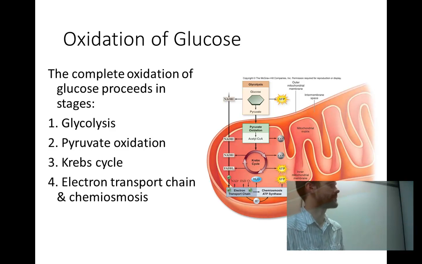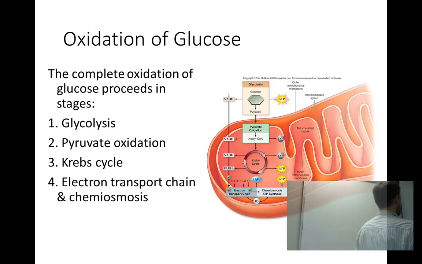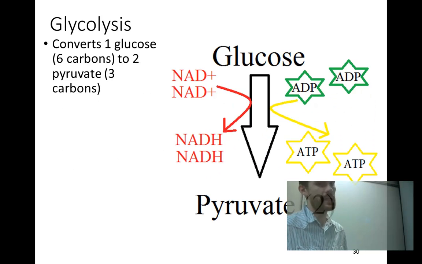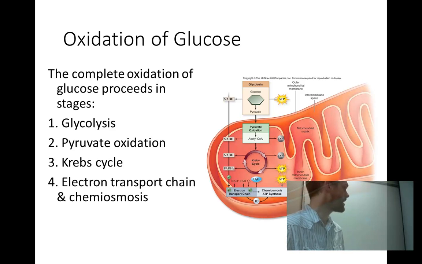And that's going to reduce NAD plus and FAD molecules. And then we're going to use those electrons to push protons through a proton pump, and that's going to make ATP. So these are all the steps, but we're going to go through them individually.